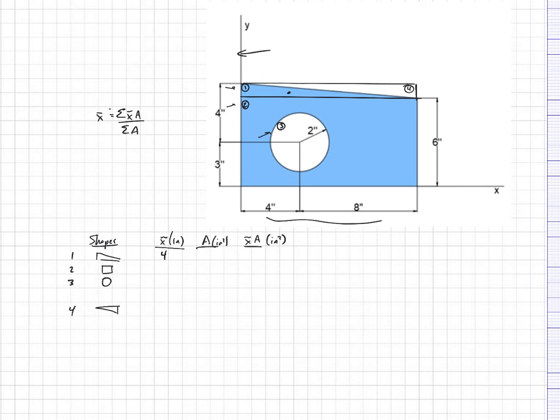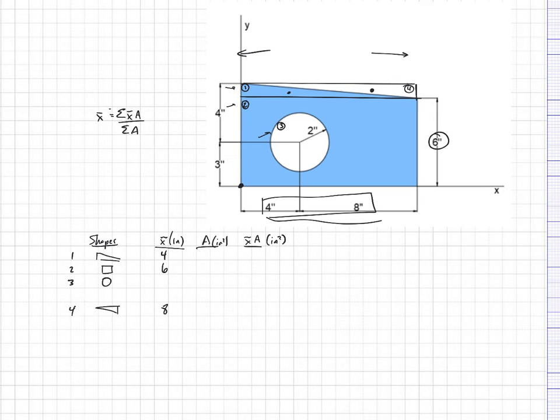Okay. Note that for shape 4, the flat side is over here, so its location is going to be at 8. Okay. Shape 2 is this big rectangle, and so it's got a height of 6, and I'm sorry, this side is 12, so its distance from over here is going to be like a 6.